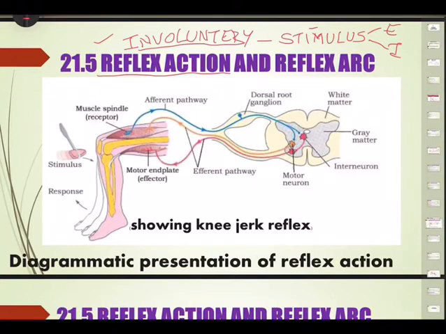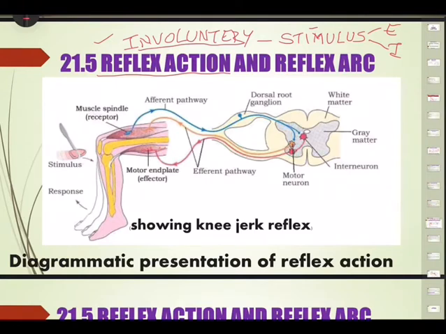You start pressing that area, and if there is any bleeding also, you will stop running and put some first aid.